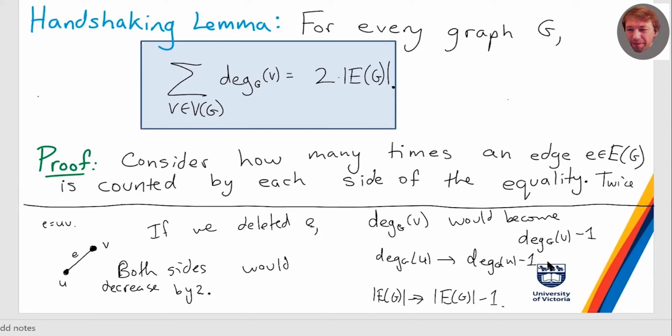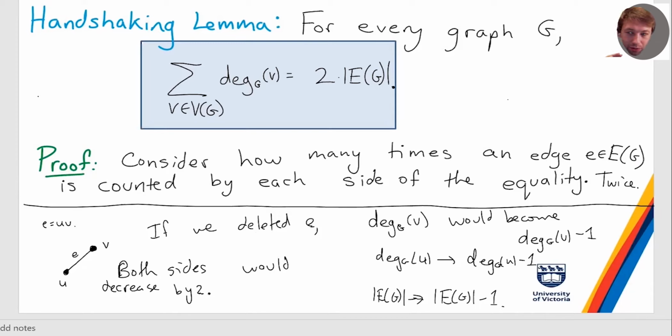All of this stuff below is valuable for that, because the presence of the edge e increases the degree of both of its endpoints by 1, so that adds 2 to the left side, and it increases the number of edges by 1, so that adds 2 to the right side. And so each edge is counted twice on both sides.